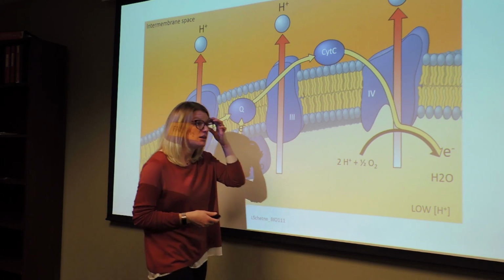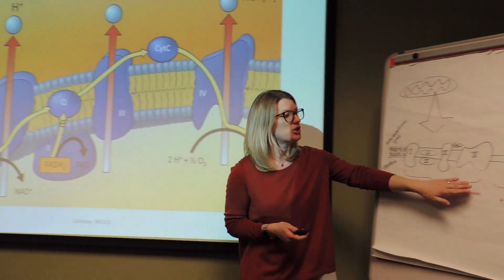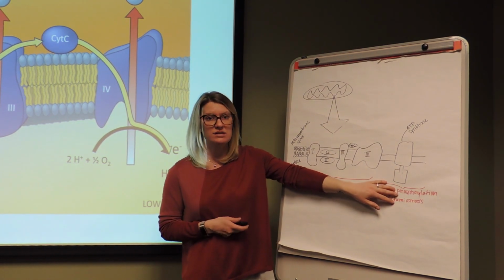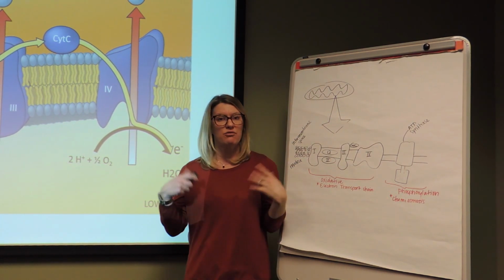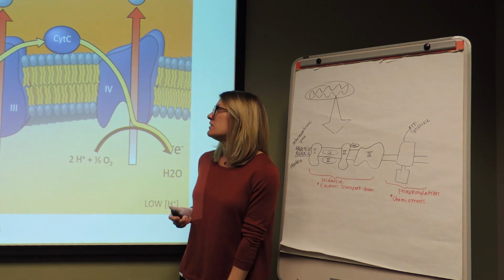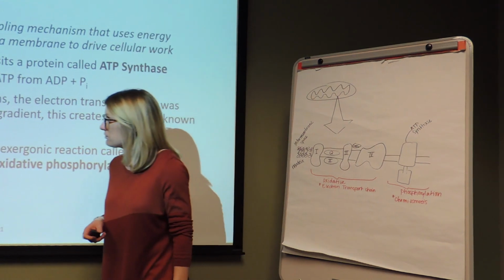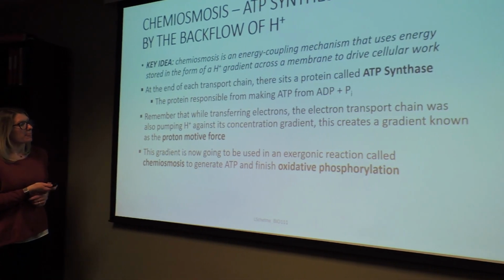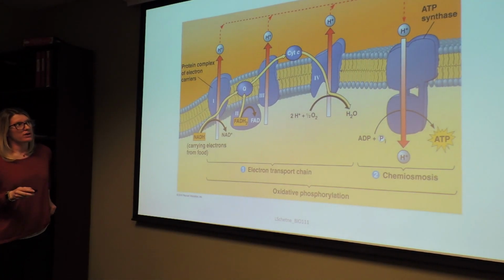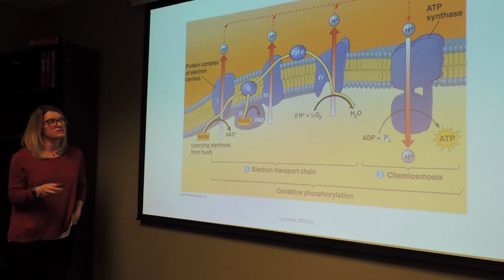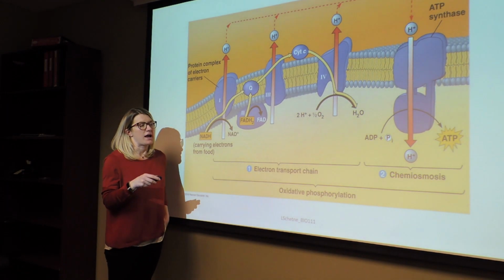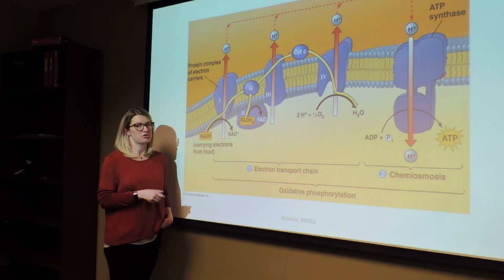So now we can finally move to the last portion of our cartoon, and we can focus on what ATP synthase actually does. And again, it performs the phosphorylation portion of oxidative phosphorylation. So if we zoom out and we now add ATP synthase to our diagram, there is an ATP synthase protein after every single electron transport chain.